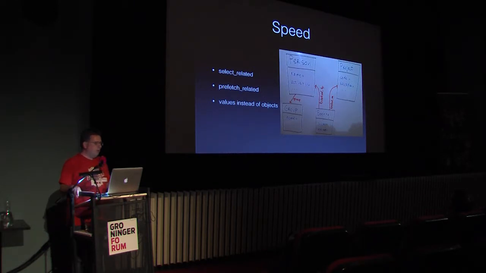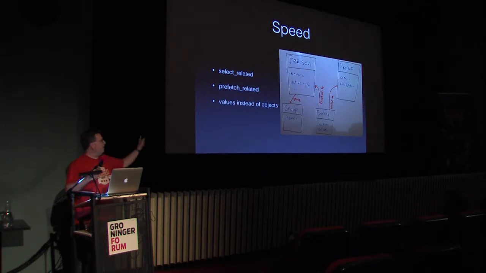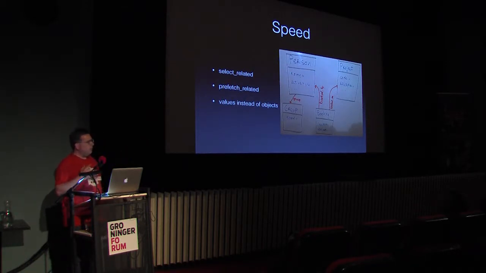Speed. There are two big tricks you can do. One is with select related and prefetch related. In a relational database, if I were to grab a list of persons, and then wanted to print person plus group. But group, yeah, that's in a different table. So Django ORM has to do another SQL query and another SQL query. And select related and prefetch related are two ways to handle it.